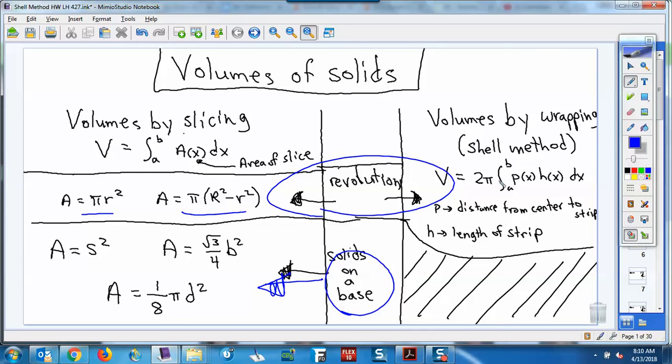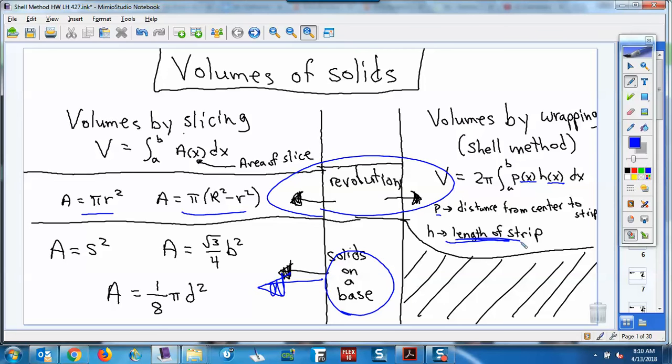Then you just got to know the formula, and this H is easy. That's what we always do, the length of the strip: top minus bottom, right minus left. And the strip is always in the region. Big R and little r always go from the center, so sometimes those go through the region and outside of it, in the empty space.